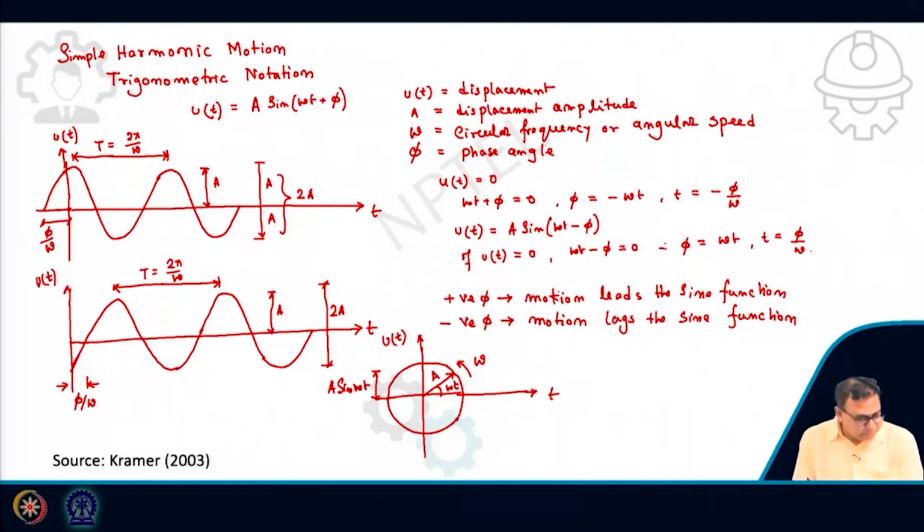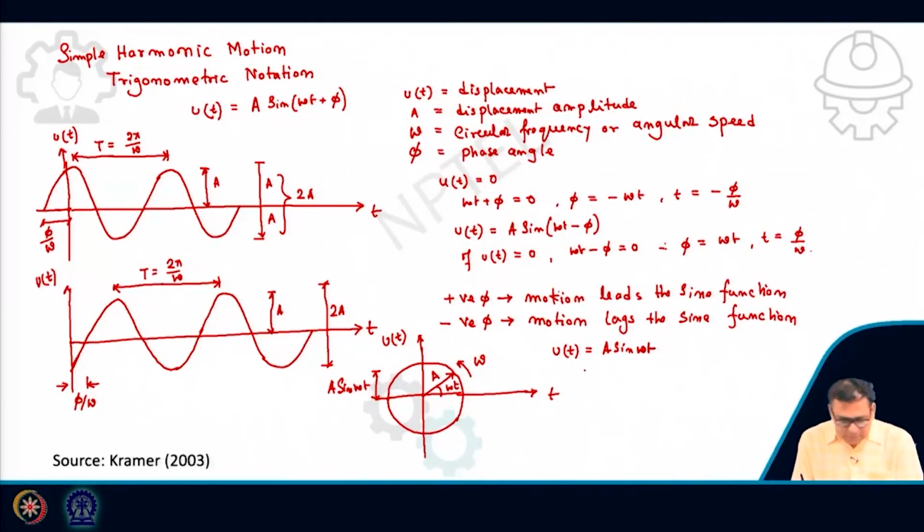Now here you can see, because we take u(t) is equal to A sine omega t. We have taken this further simplified form of u(t), that is A sine omega t, and it is moving with a circular angular speed of omega, at any angle omega t, this value will be A sine omega t. Now from here, where will be the maximum value of u?